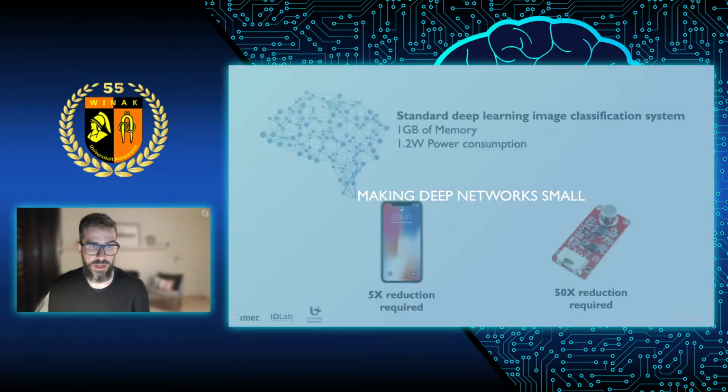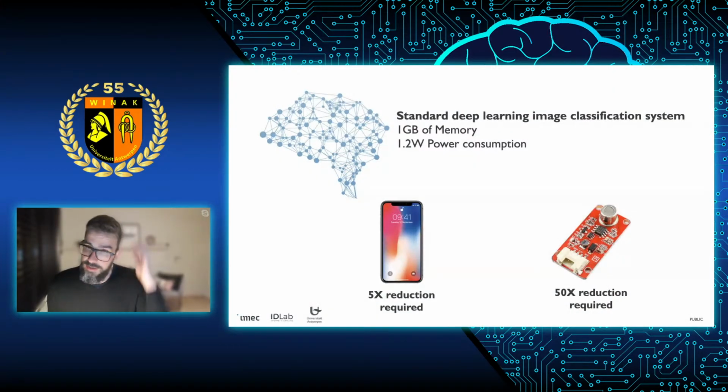I'm going to explain those two approaches in a bit more detail. The first thing that we do is we try to make existing deep neural networks smaller. If you look at a standard deep learning image classification system, it depends on the type of task, but a rough ballpark figure is that a normal deep learning image classification system nowadays requires about 1 gigabyte of memory and about 1.2 watts of power consumption.